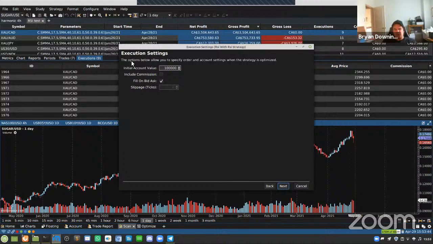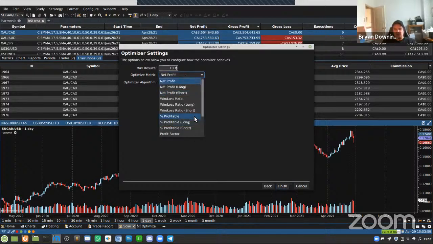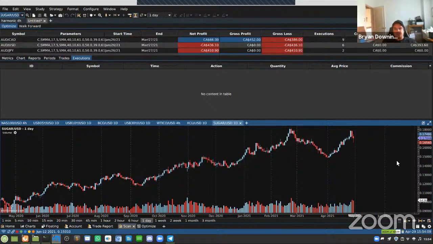So here on the execution, we're starting at 100,000. Here I could include the commissions, which obviously is pretty important. We go next. And then we have our max results, our optimized metric. Here's some other options you can use. I would think net profit is probably the most important one. Here we can have different types of optimizers. And then here you go.